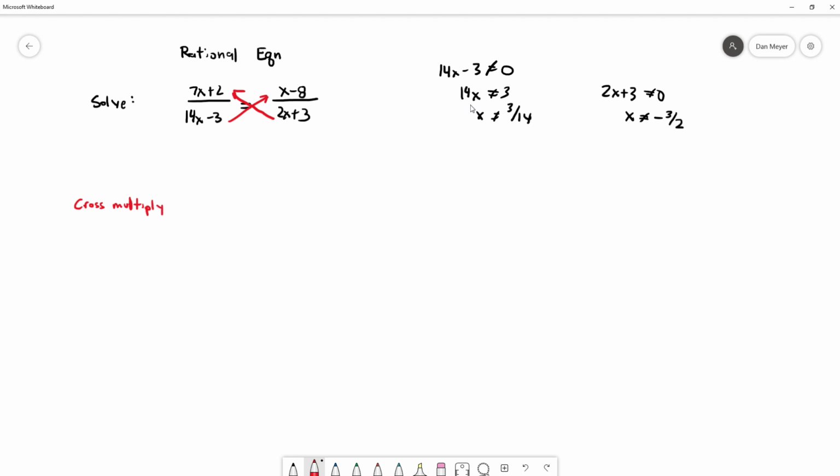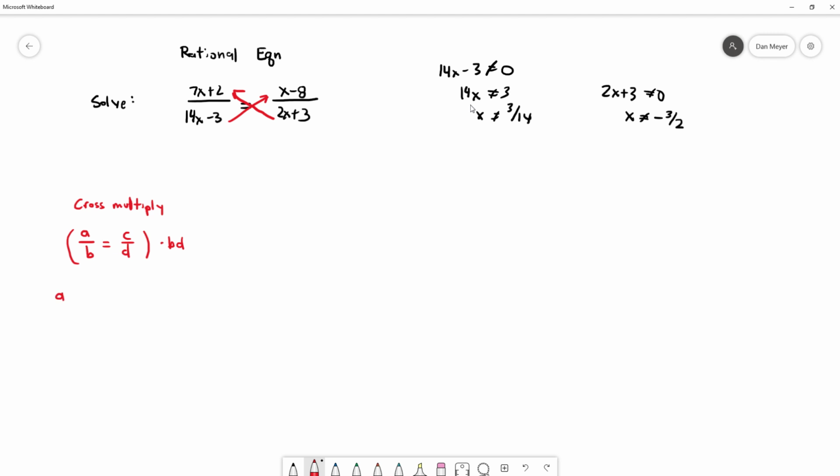So we're going to talk about an equation of the form a over b is equal to c over d. Now we get an equivalent equation if I multiply on both sides by bd. We're assuming that b and d are non-zero, and I can multiply on both sides of this equation by the same number and have an equivalent equation.